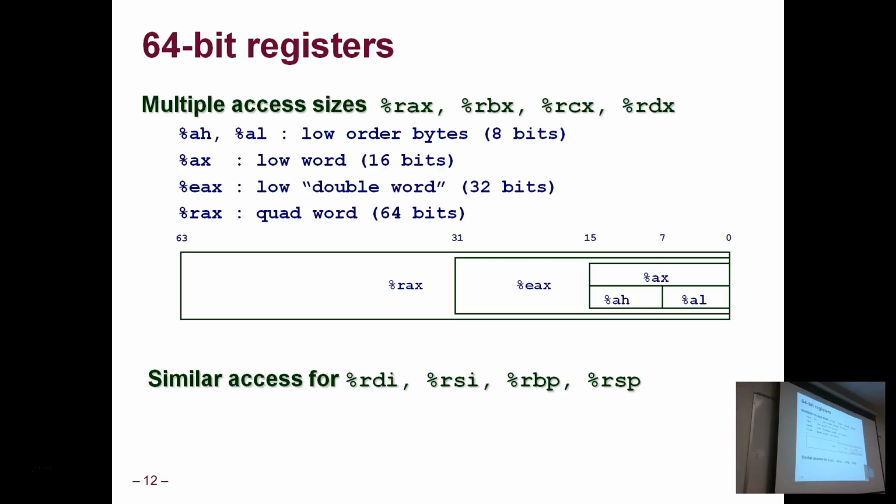So this is an expanded view of the RAX register, and you'll see these different mnemonics going across, and it's sort of painful to remember. But the RAX register specifies all 64 bits, and then you have the 32-bit version, EAX, and then you also have the 16-bit version, AX, and then you have the 8-bit version, AL, and with the 8-bit version, you also have the low byte and the high byte, AL and AH.